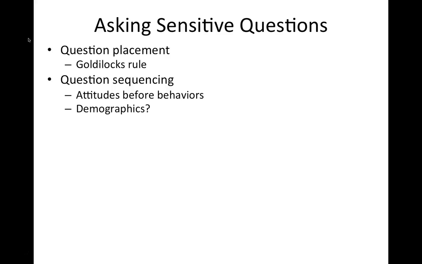So that's always something we have to think about in terms of what might be sensitive to our population and how do we ease people into the survey while also catching their interest right away and asking questions that are relevant to the topic right away. So it's always this balancing act of jumping into it versus easing into it, catching their attention versus boring them.